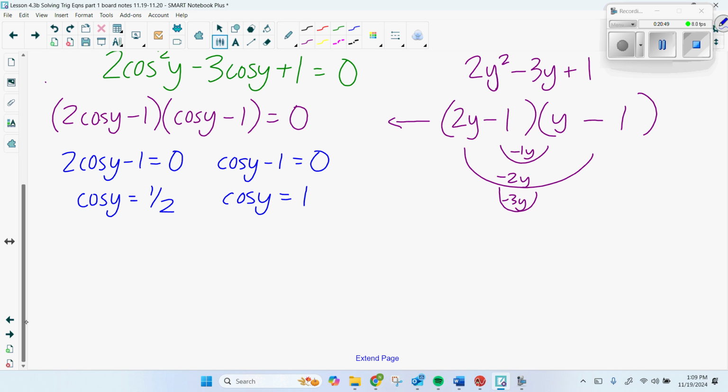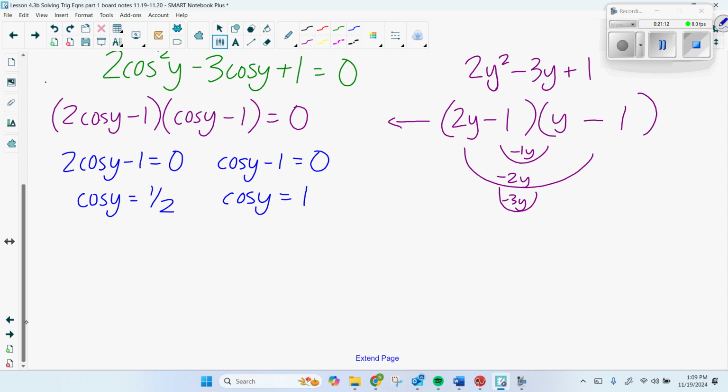What do I do at this point? What did you say? Yeah, find the y's. I need to find the y's, which are the angles, right? So that means I'm using the unit circle. Okay, so where does cosine equal positive half? Let's think.